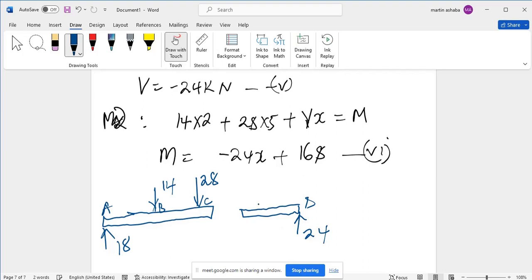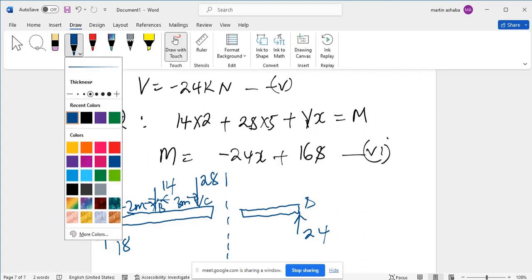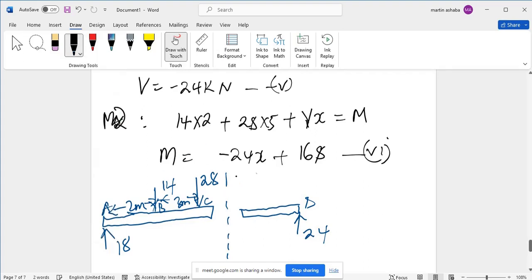According to what we calculated, the reaction there is 24. This is 2 meters, this is 3 meters, from there to there is 2 meters. Now we have a section in between here that we called x3, or just a cut.